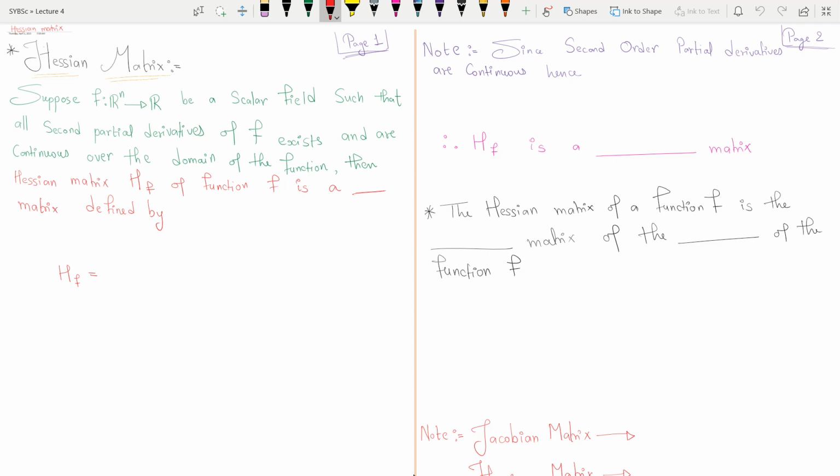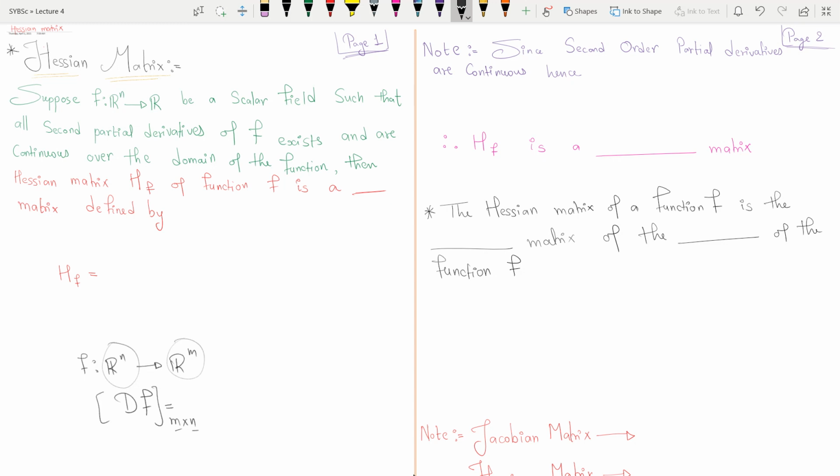So we know that if I talk about the Jacobian matrix, if my f is from Rn to Rm and I am supposed to find the Jacobian matrix, denoted by Df, it is going to be an m cross n matrix, right? So in terms of a Jacobian, it is m cross n if the function is from Rn to Rm.